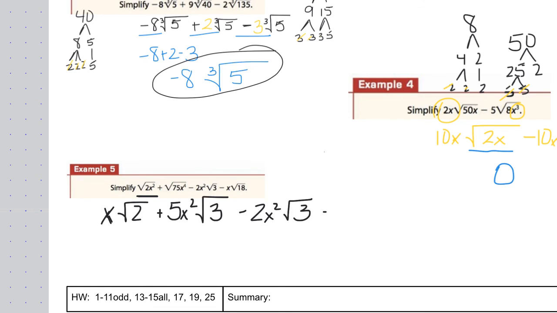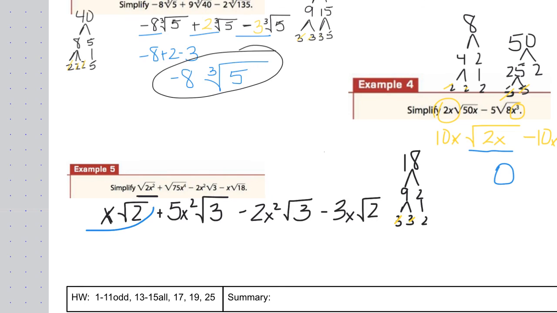And then minus, I've got an 18 inside there. I'm going to break that down into 9 times 2, which is 3 times 3 times 2. It takes 2 to bring 1 out, so I'll bring 1 3 out. I have an x outside already, leaving me with a square root of 2. Now let's see what we can combine here.